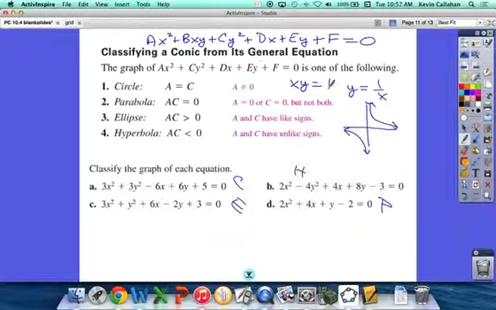The next section in the book, which we're not going to cover, shows us how to graph something like that. And what you do is calculate the angle that you would need to rotate the xy axis so that this shape would be horizontal or vertical with respect to the new axis, right? And that'll redefine x and y in a way that drops that xy term out of it.